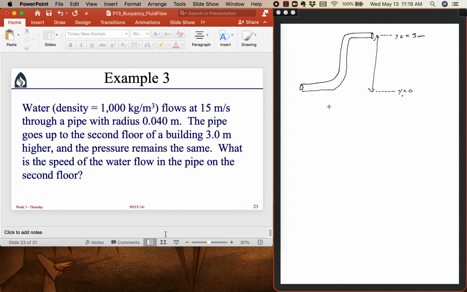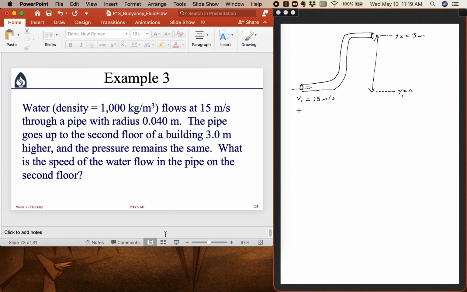So we're also told that we have water with a certain density. We're given the radius, and we also know that the 15 meters per second is the velocity of the water as it flows into this end of the pipe. So V1 is going to be equal to 15 meters per second.